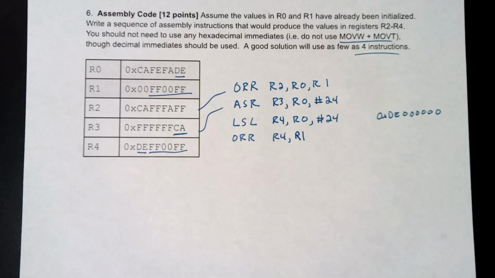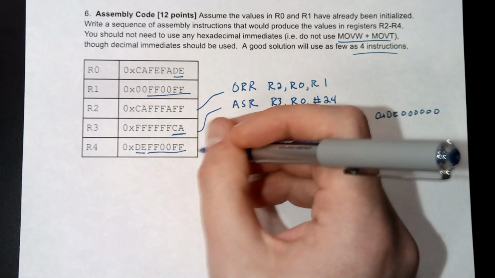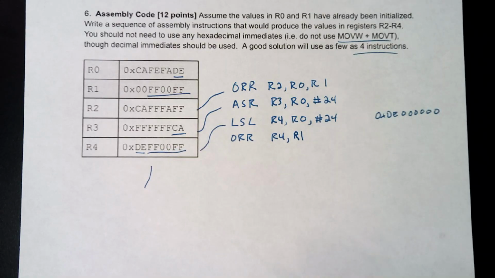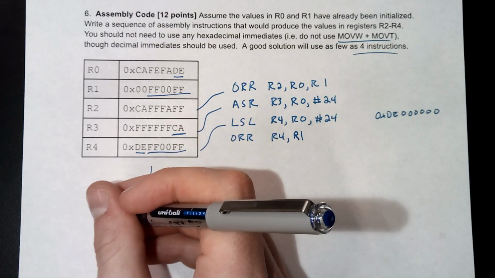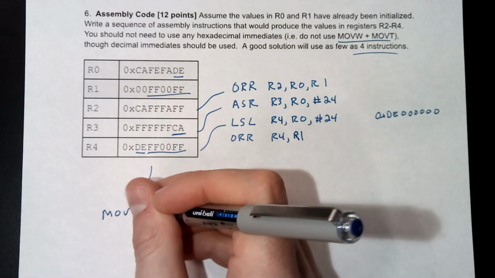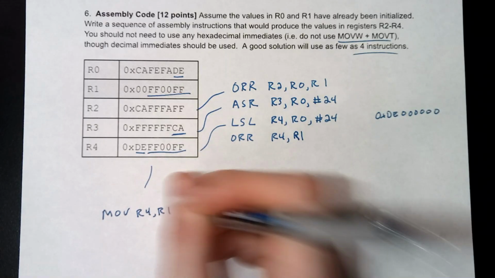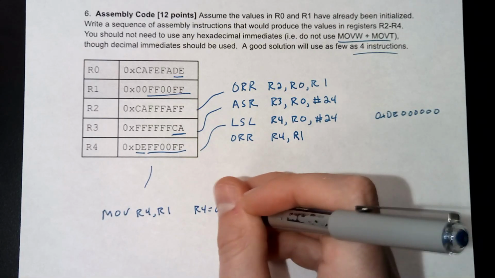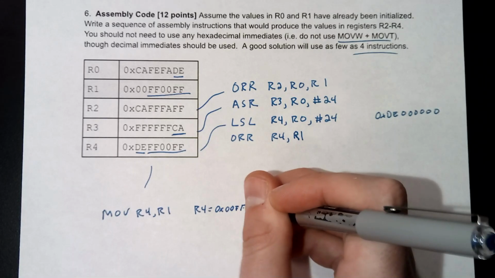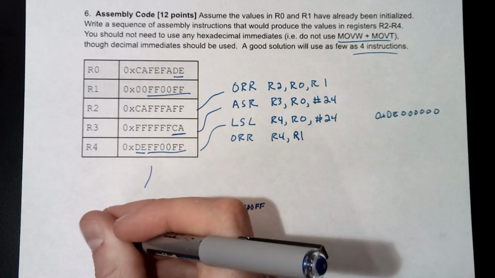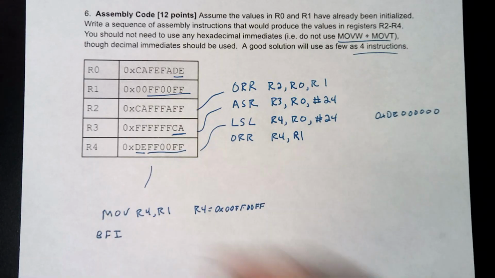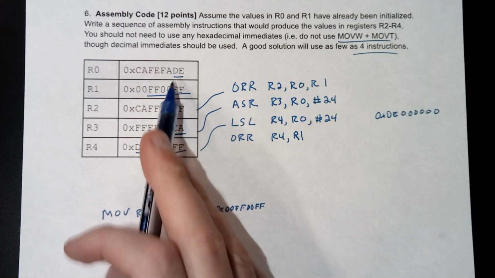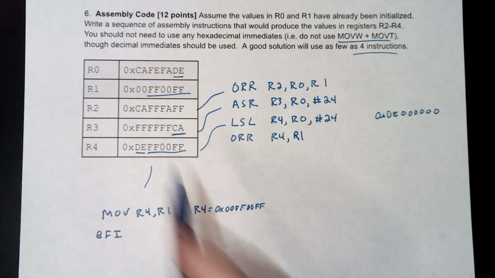Other ways to do this, so alternatives for 3. The first alternative is we can do a move into R4 from R1. That gets us R4 equals 0x00FF00FF. And then we could do a bit field insert. A bit field insert can take the rightmost part of R0 and pop it into R4 at that location.